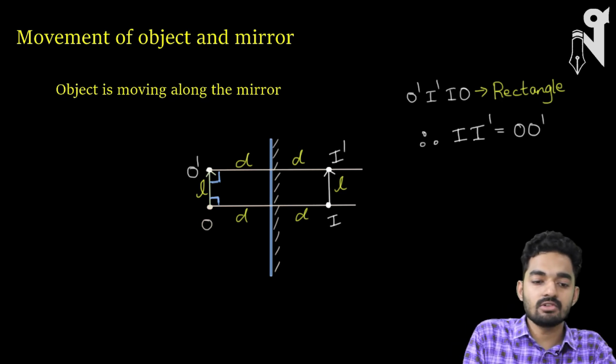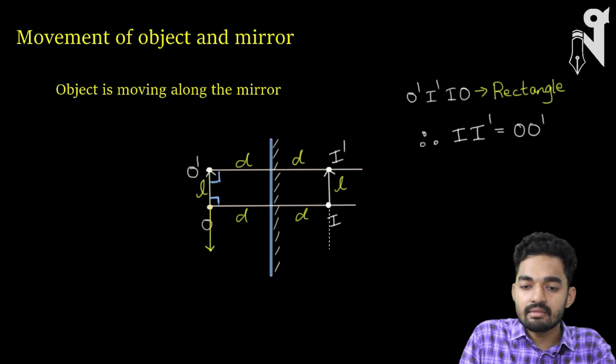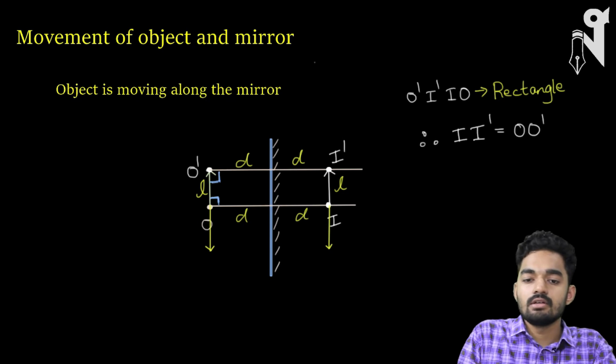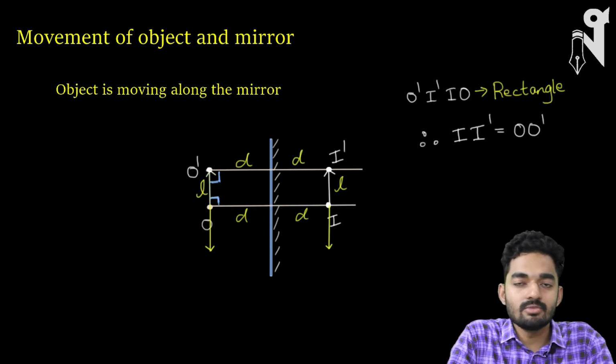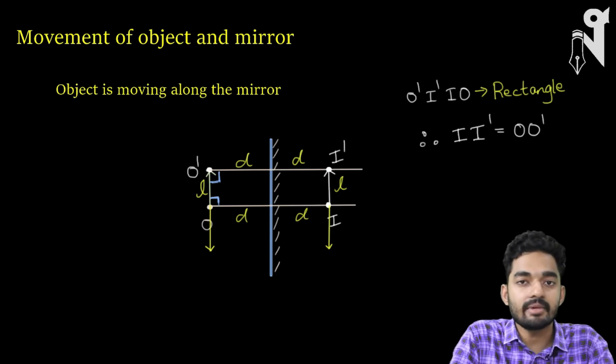For example, instead of moving the object in that direction, let's say I moved it like this, right? Now in that case the image will also move by the same amount in the same direction, so it would be over here, right? So what I can say is if the object is moving along the mirror, then the image will also move along the mirror in the same direction.